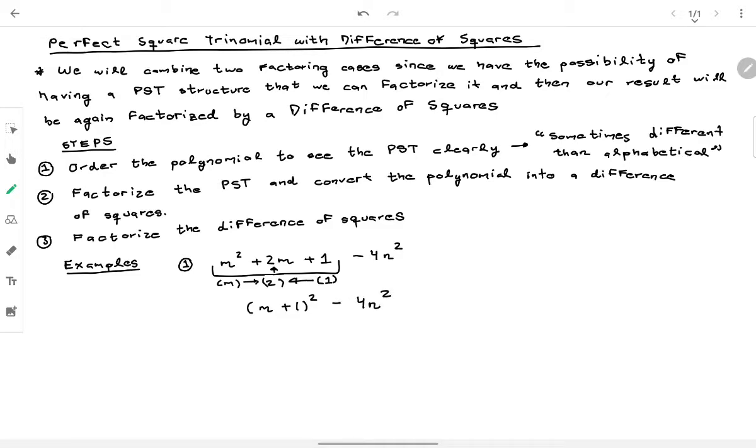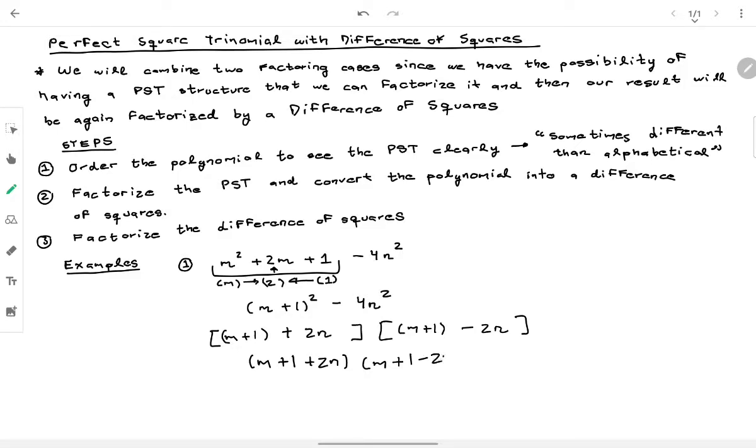Now I have a difference of squares, so I will open up a bracket and another one. Remember, the one that is positive is going to be positive on both parentheses. The one that is negative is going to be positive on the first one, negative on the second one. And then our answer is going to be m plus 1 plus 2n, multiplied by m plus 1 minus 2n.